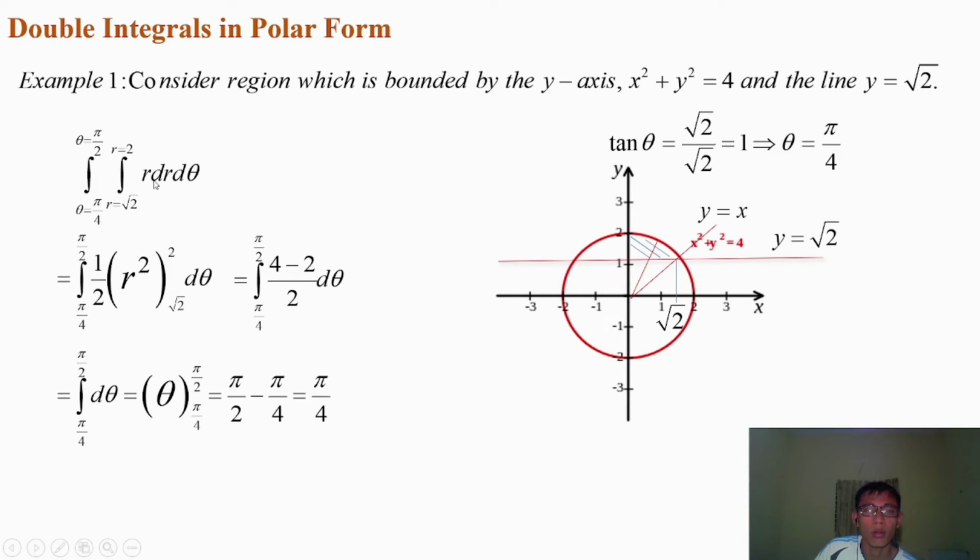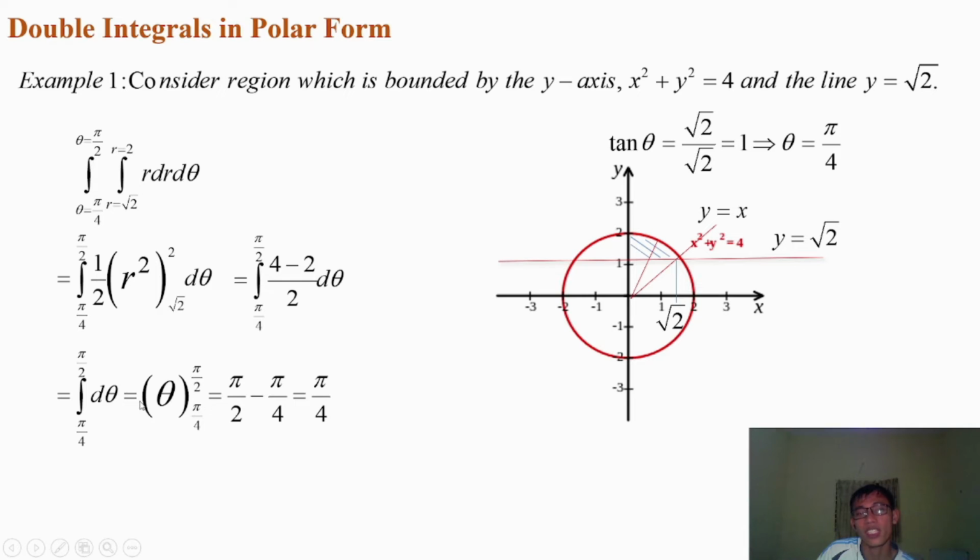Then evaluate this integral. We get the integral of r dr is equal to 1/2 r squared, defined from square root of 2 to 2. Then substitute the numbers in and we get (4 minus 2) over 2 times d theta. And (4 minus 2) over 2 is a constant, then we get the integral from pi over 4 to pi over 2 of d theta.